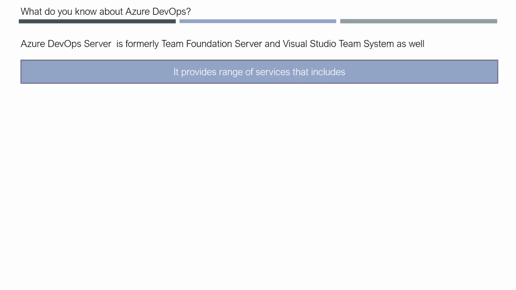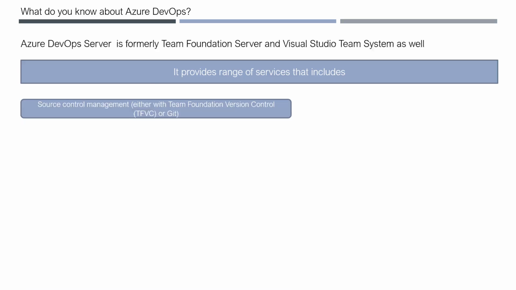If you worked on older versions like TFS, VSTS, you feel very comfortable because you already know some of those areas. The only thing is your terminology changes a little bit here, and the availability of features increased.